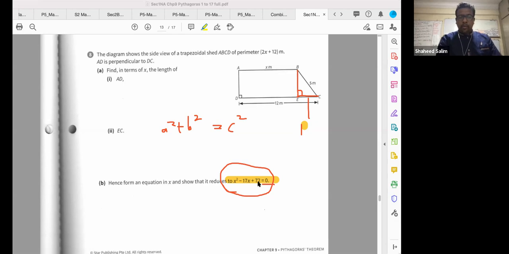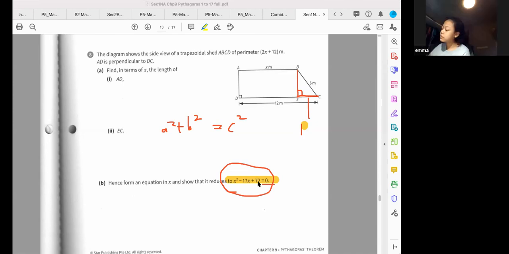You may get an equation with bigger numbers, then ask yourself, can you divide all the numbers by whatever number? Then you can bring it down. You can simplify it.